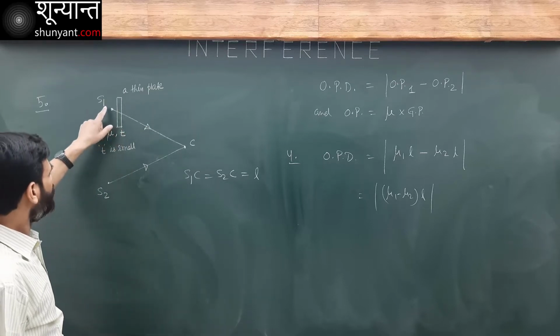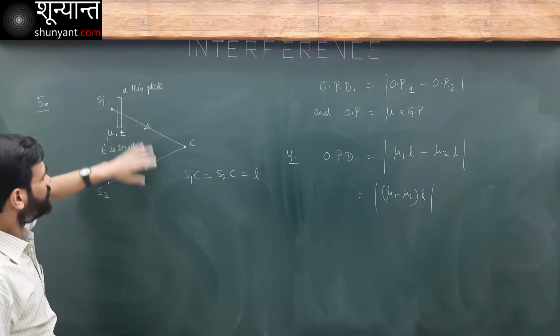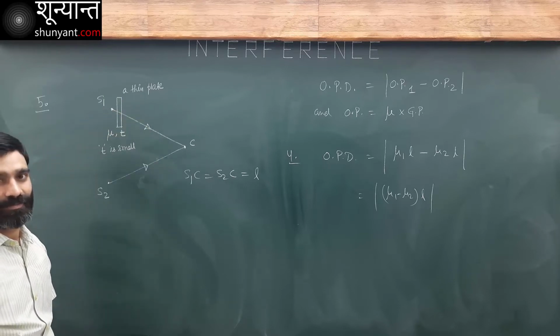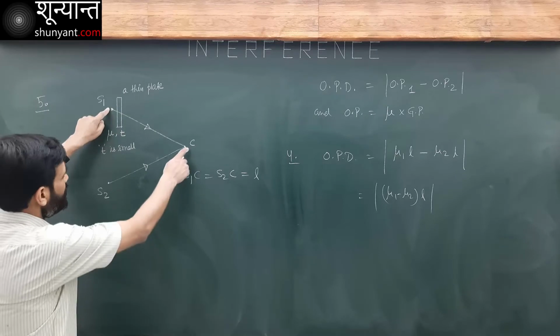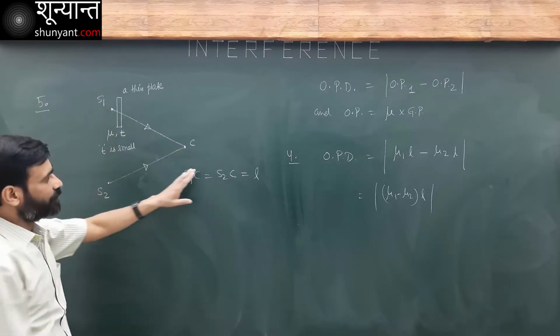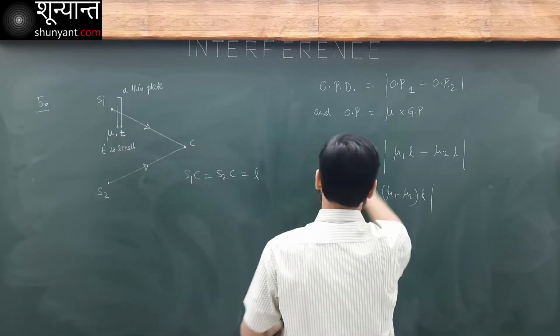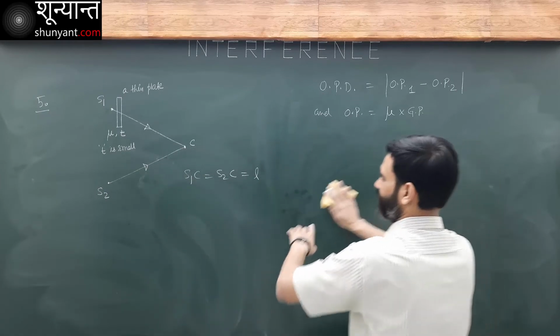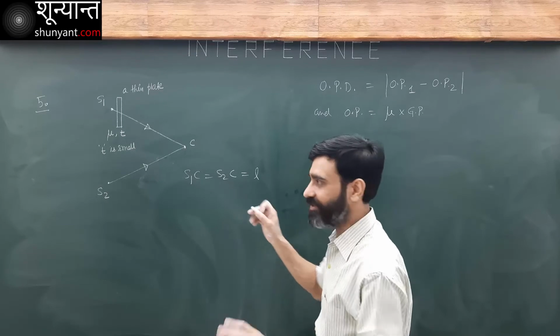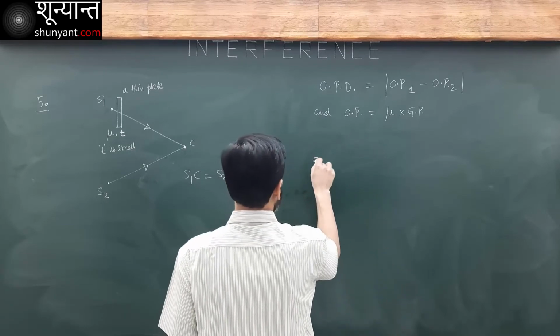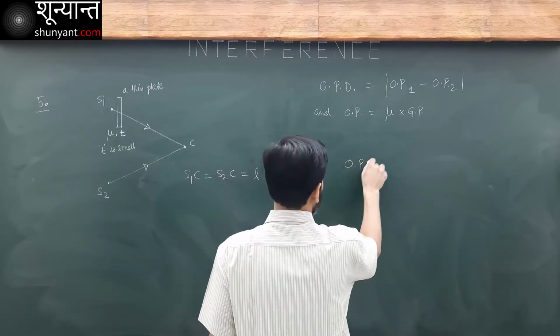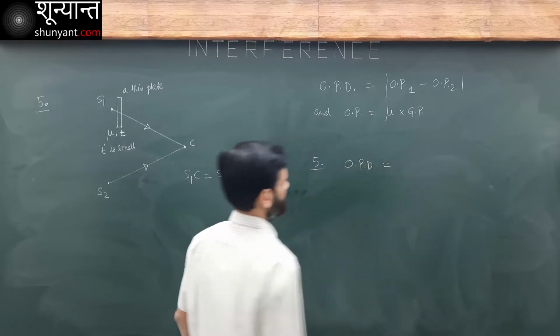Now what will be the optical path difference between these two light rays? Both distances S1C and S2C are equal to L. What do you think the path difference will be? This is the result that we are going to remember. We have to memorize this.